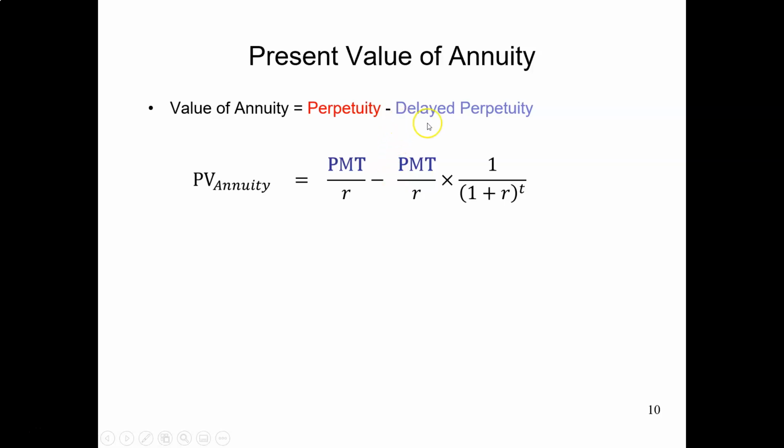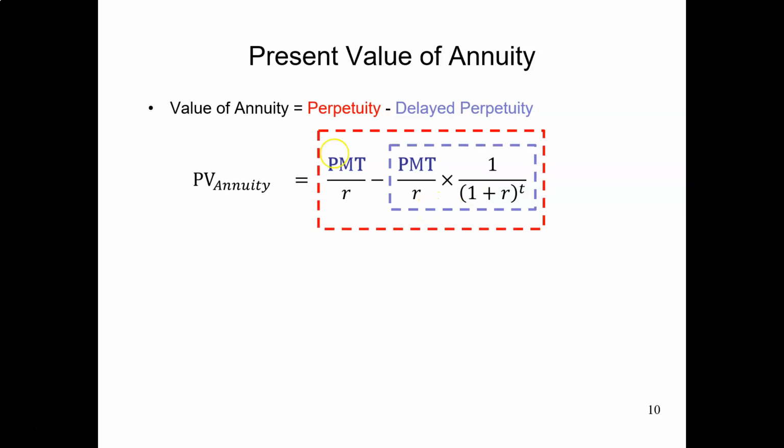The present value of a delayed perpetuity will be the present value of the new perpetuity times the discount factor for this delay. Because the annuity lasts for 2 periods, we set the discount factor to be 1 over 1 plus r to the power of 2.